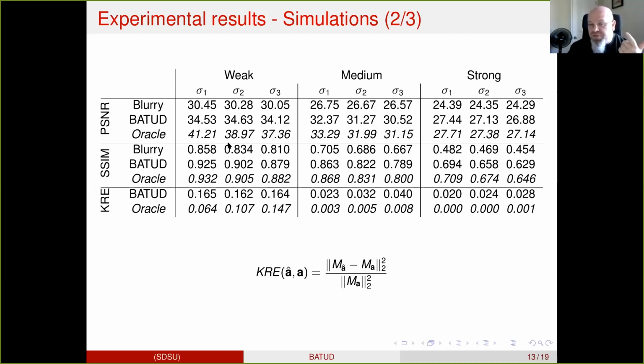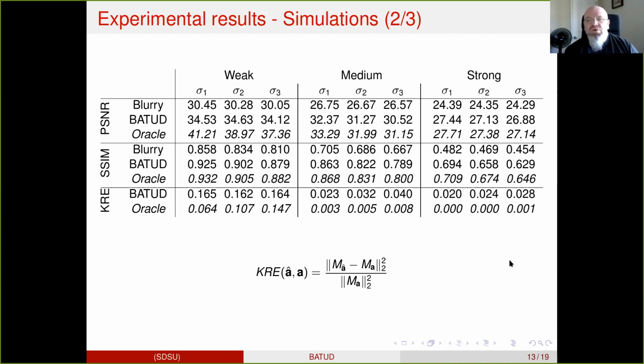It's not as good, but for the strong blur, that's the most interesting part: in the worst case, that's where our algorithm performs the best. You see that those numbers are pretty close to each other, and of course, they are better than the blurry image. So we get back a nice image at the end.